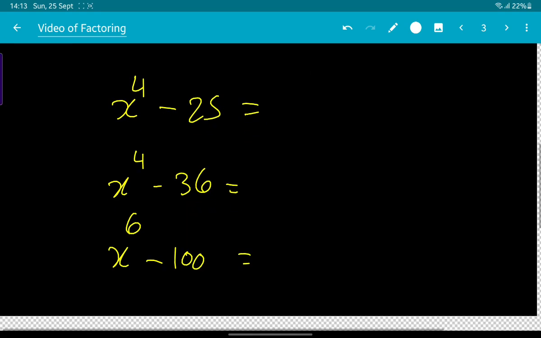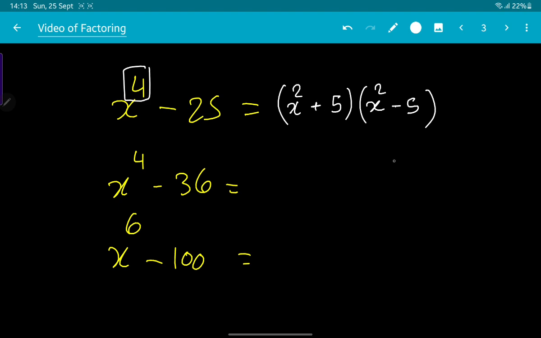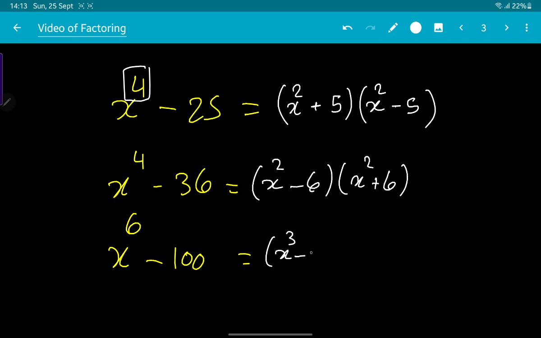In this example, we can say that if you have an even power, you can divide this to be x squared and x squared. 25 is 5 and 5, one positive, one negative. This one, x power 4, x squared minus 6, x squared plus 6. This will be x power 3 minus 10, x power 3 plus 10.